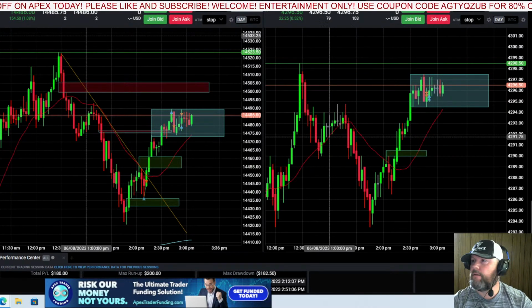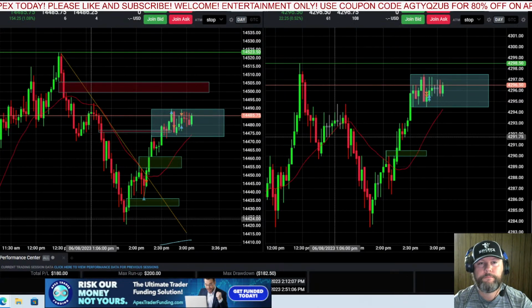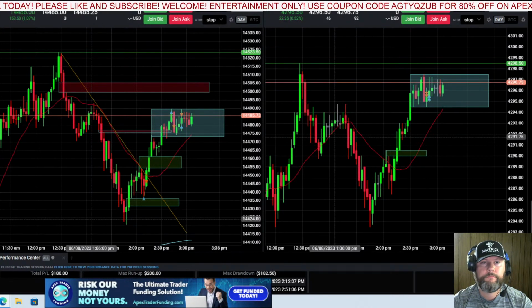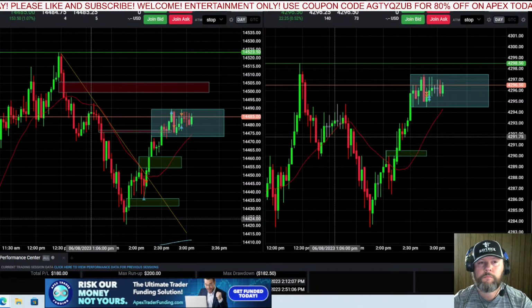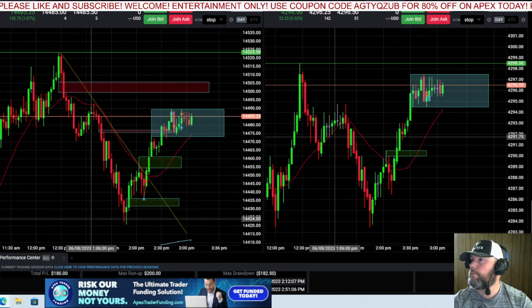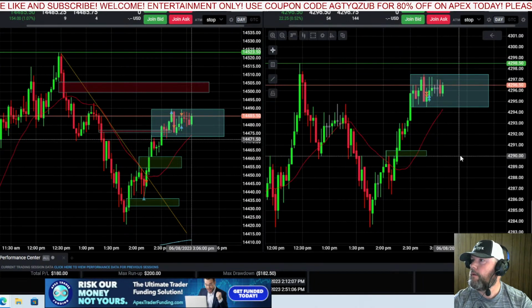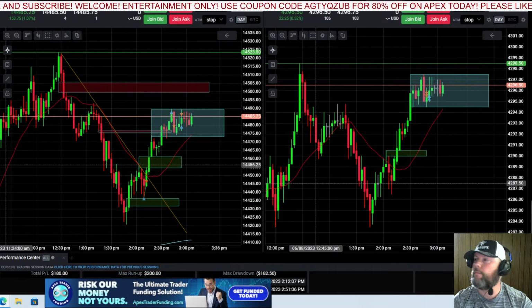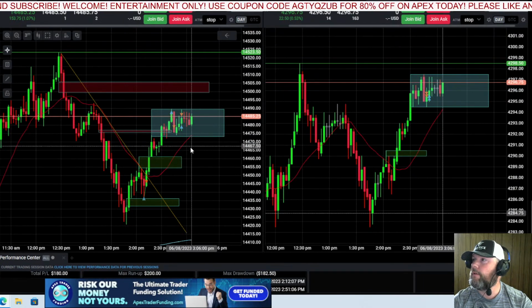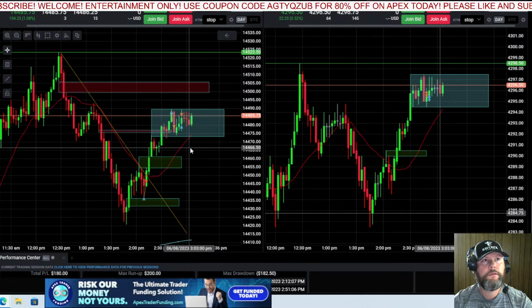Just kind of chopping around here in these boxes. Kind of brutal here. Just not much going on. Just kind of watching price hang out in this zone.